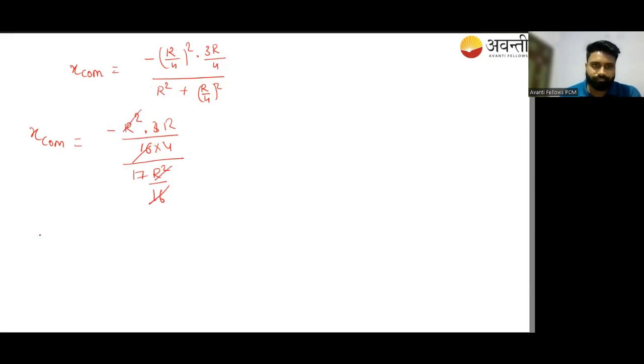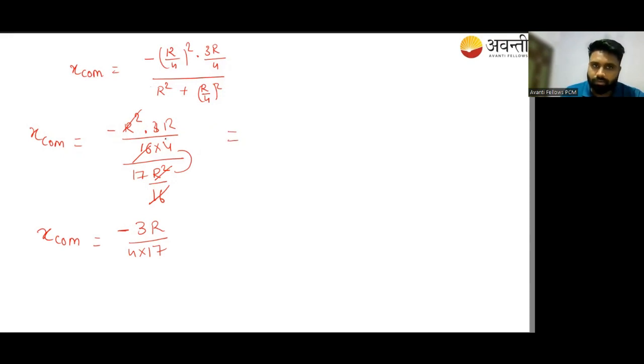So x center of mass here will be, this 17 will come this side. This is 3r by 4 minus 3 times r by 4 into 17. Okay, look, there is no term left here.